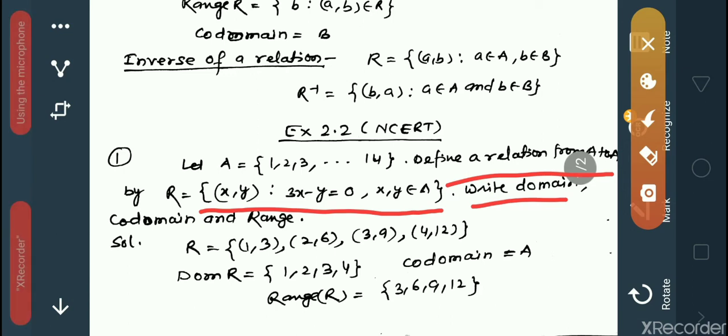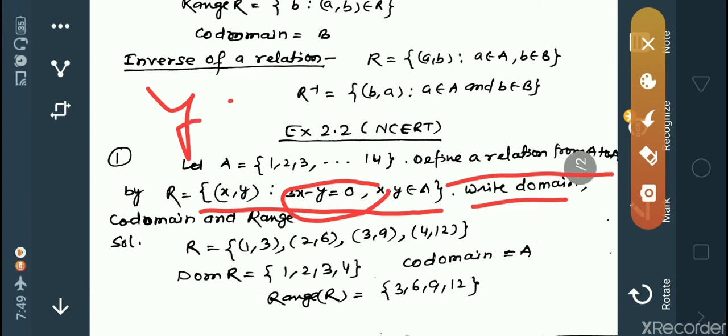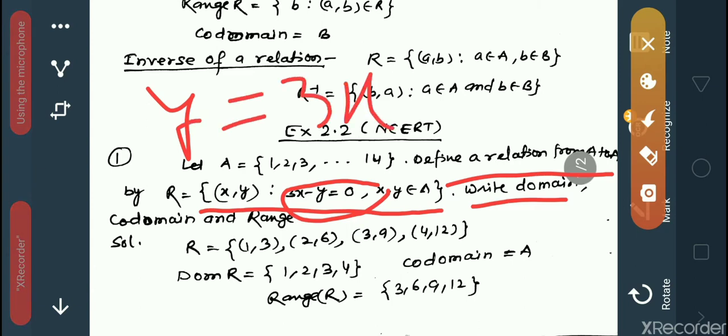So first we take those elements which satisfy this condition, 3x minus y is equal to 0. In simple terms we can write y is equal to 3x, meaning the second element will be thrice the first. If the first is 1, then the second element will be 3. If first is 2, second will be 6, if first is 3, second will be 9, and if first is 4, second will be 12.